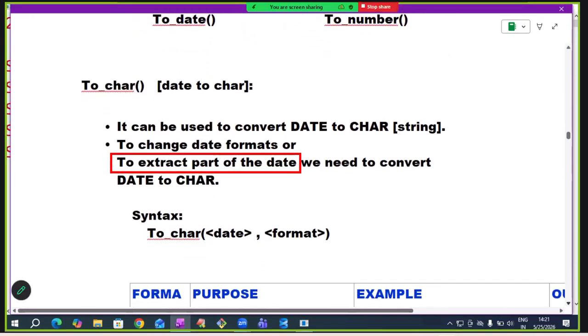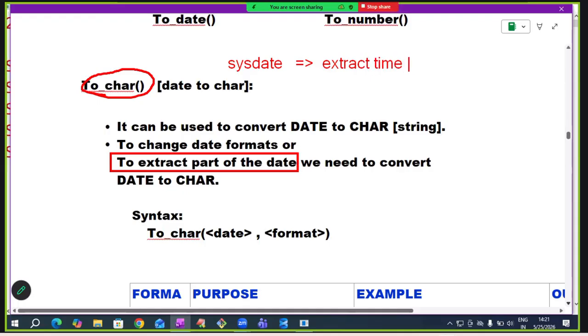To extract part of the date, which function we use? To_char. From sysdate, now I want to extract a part. Time is part of it or not? So to extract time from sysdate, which function we have to use? To_char.